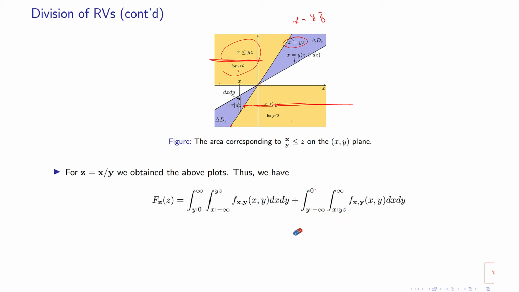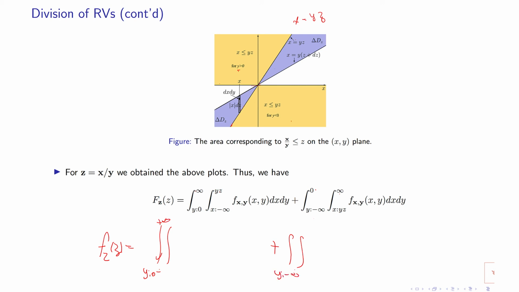Alternatively, you could write f_Z(z) dz as a double integral over the blue area. But the blue area has two terms. One component is the lower part, and the other one is the upper part. If you are in the upper one, y is positive, so y starts from 0 to plus infinity, and in the lower one y varies from minus infinity to 0. If you are in the upper one, for a specific value of y, your x should vary between this point and this point.